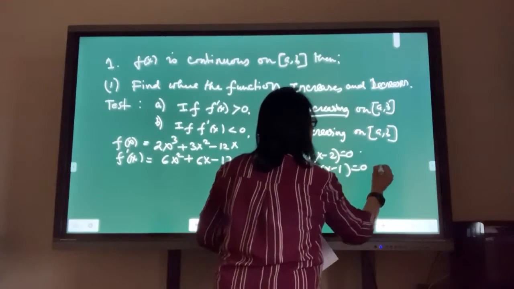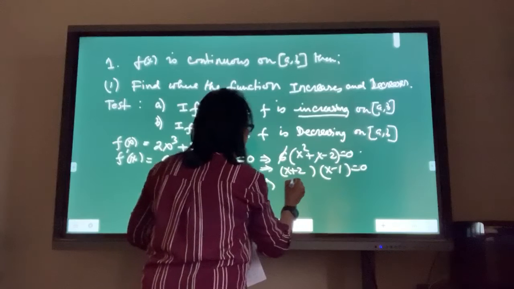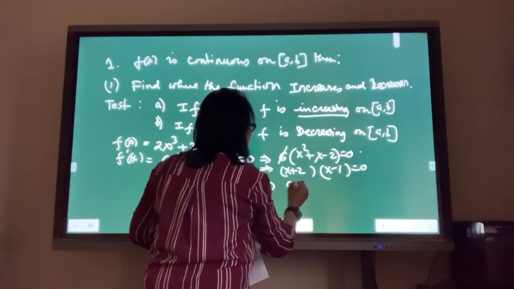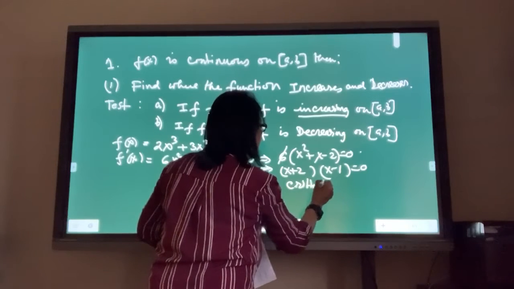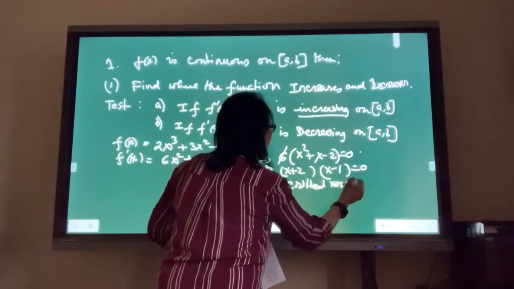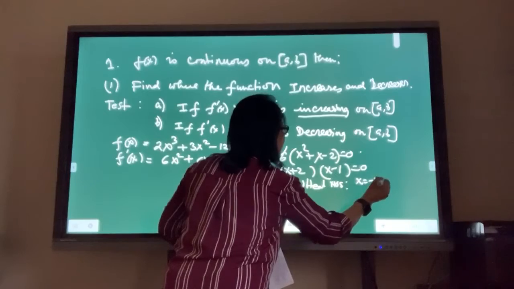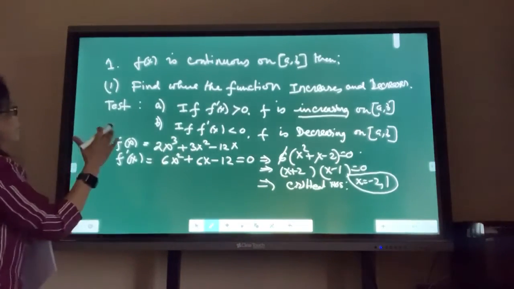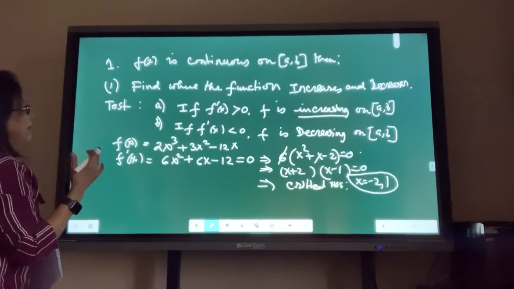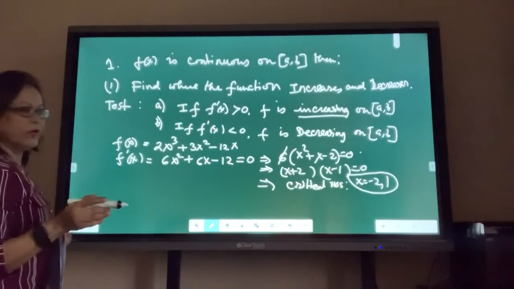From here, we should be able to find the critical numbers. They will be x equal to minus 2 and plus 1. Okay, so this is the first thing we must do for the increasing decreasing function test.